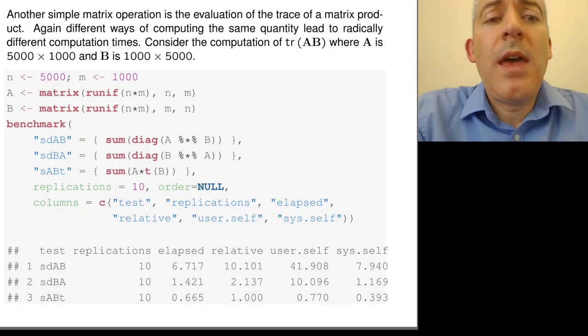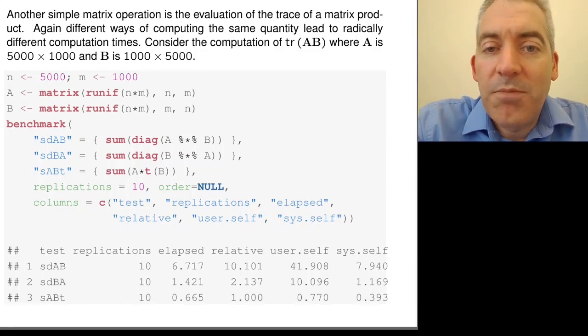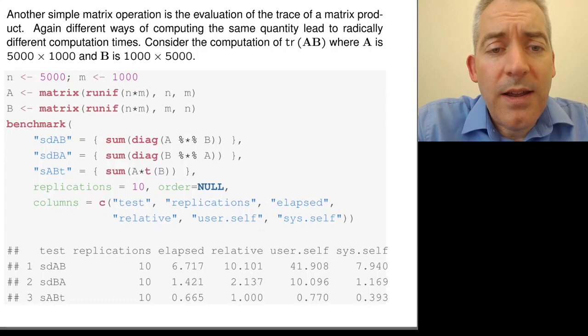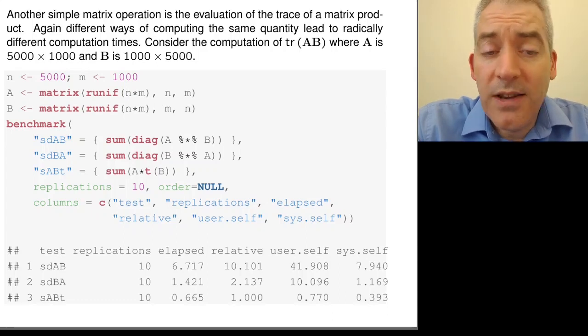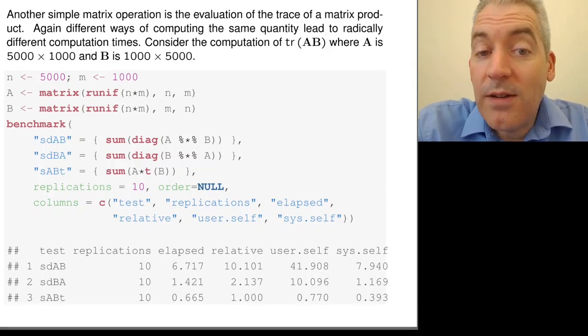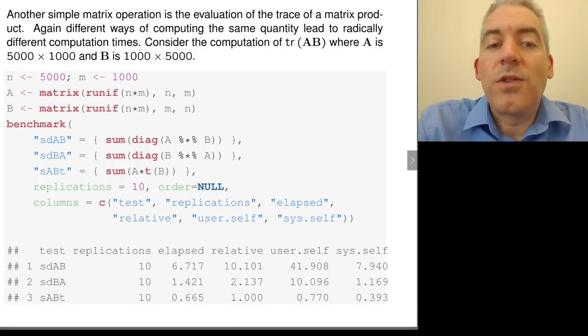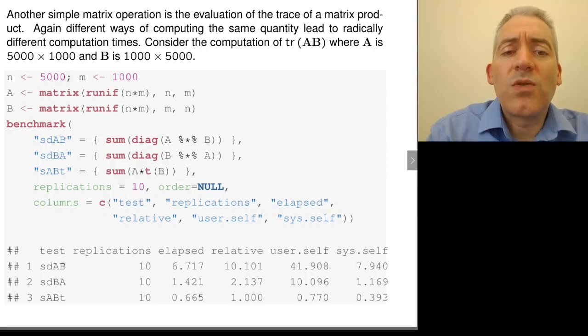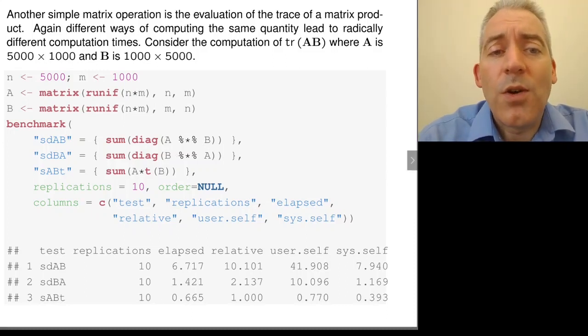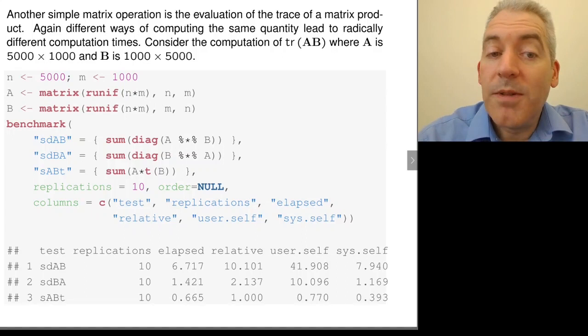However, one of the properties of trace is that the trace of AB is the trace of BA, and here that is going to be much better, because BA is going to be 1,000 by 1,000, whereas AB is going to be 5,000 by 5,000. So that first naive method was going to involve the construction of a 5,000 by 5,000 matrix, whereas this second method is going to involve the construction of a 1,000 by 1,000 matrix. So that is fairly obviously going to be better.